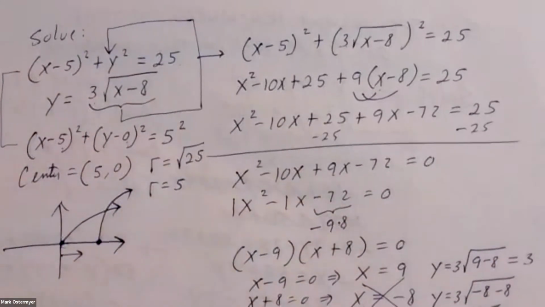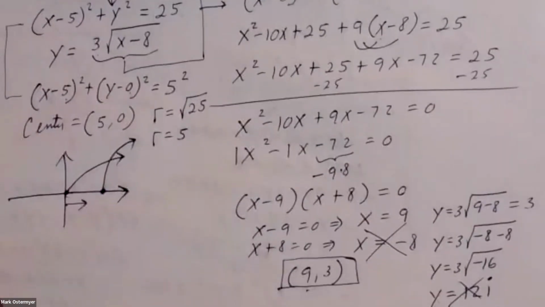All right, why don't we throw these equations into Desmos and convince ourselves that the only point of intersection between the radical function and the circle is (9, 3). So let's do that.